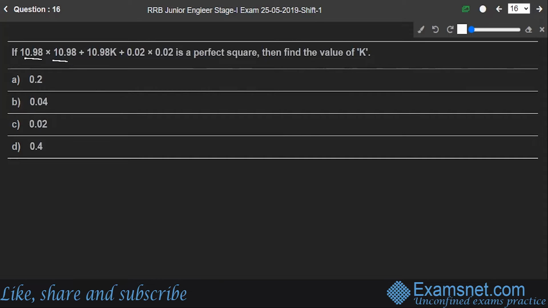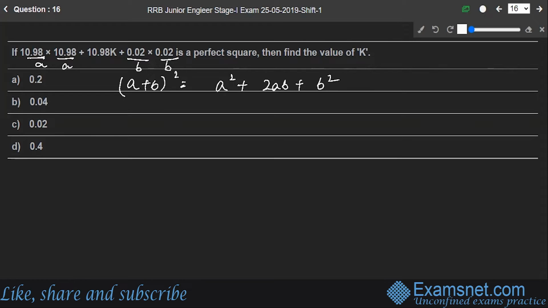If this multiply this plus this, this multiply by this plus 0.02 multiply 0.02 is a perfect square. You have to find out the value of k. See, I hope you remember that formula, a plus b whole square, that's equal to a square plus 2ab plus b square. So looking at this formula, don't you think this is a, this is your b.